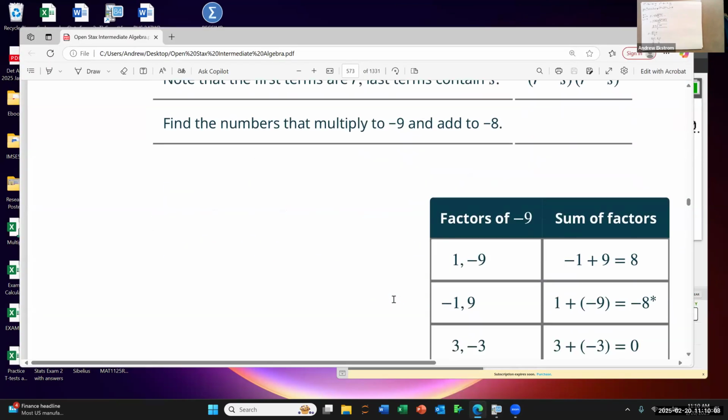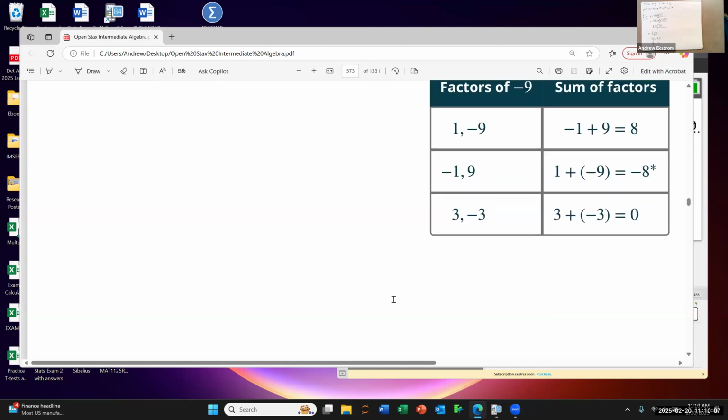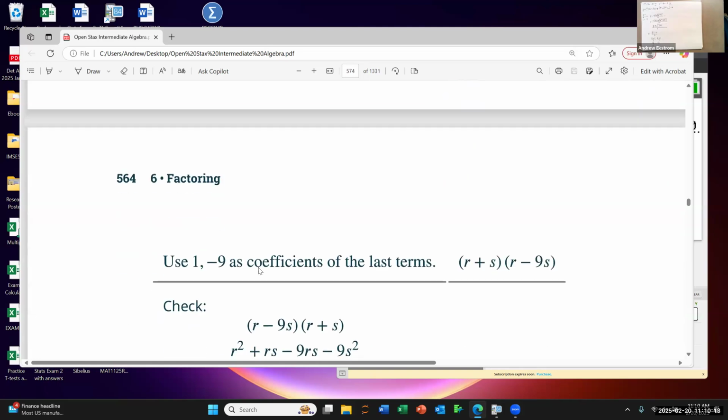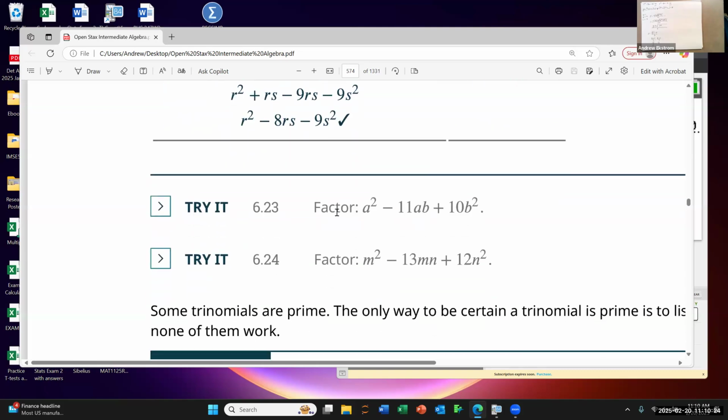So here we've got the two factors, and then eventually we get the r minus 9s, r plus s, which is what we're just talking about there.